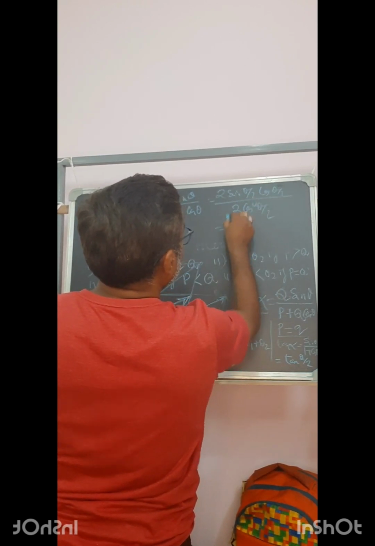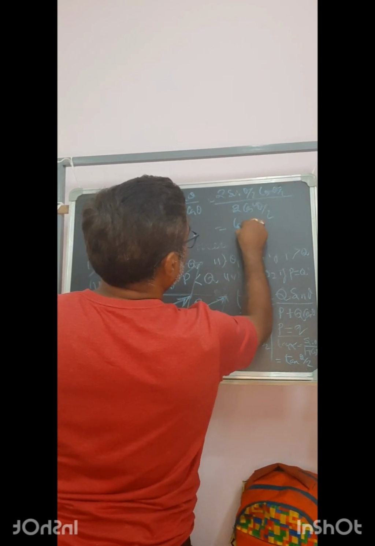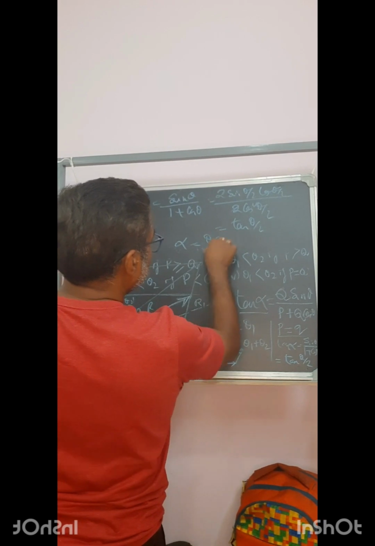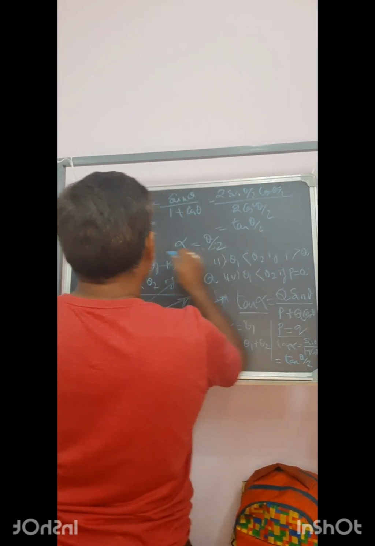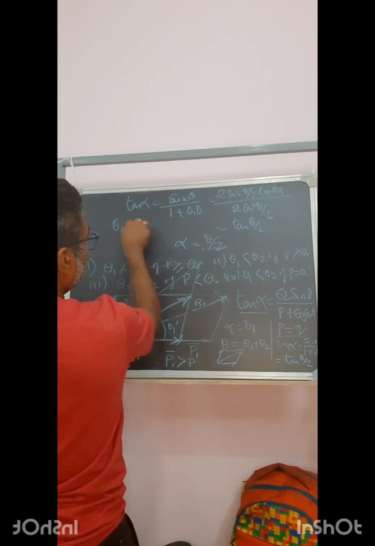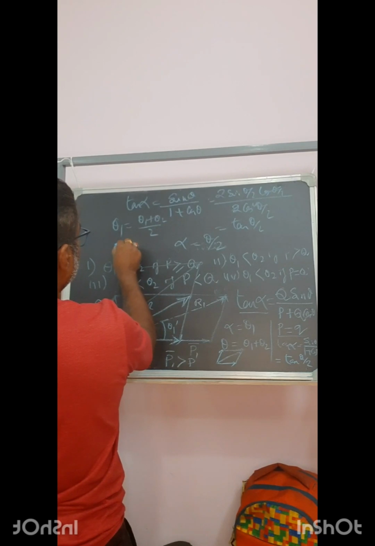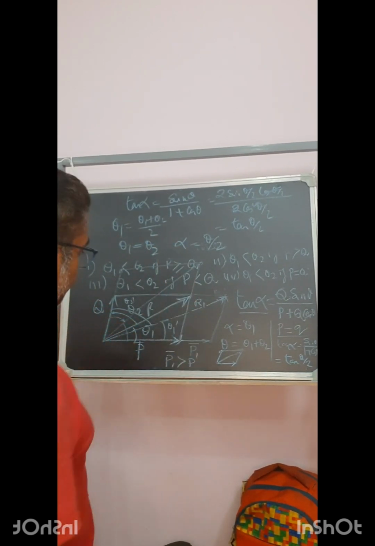If I reduce it, one cos will cancel, so that will be tan theta by 2. So from here I can say alpha is equal to theta by 2. That means alpha is theta 1 here, and theta is theta 1 plus theta 2, so you get theta 1 is equal to theta 2.